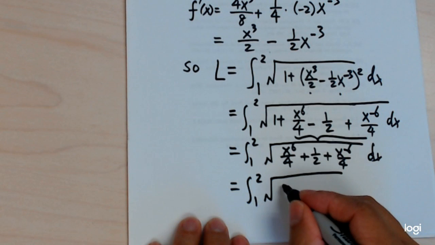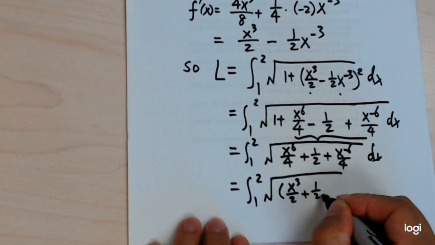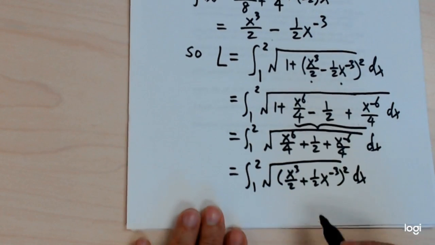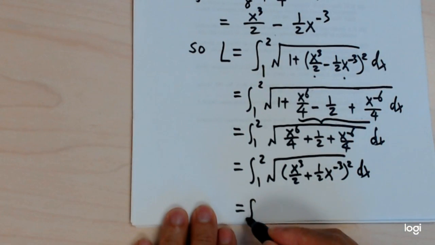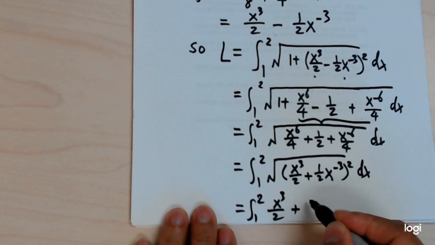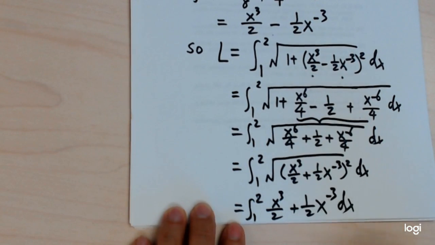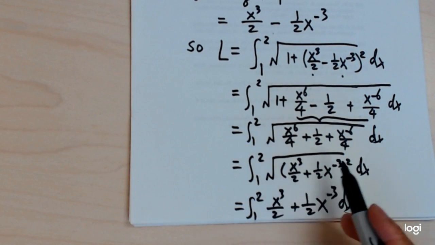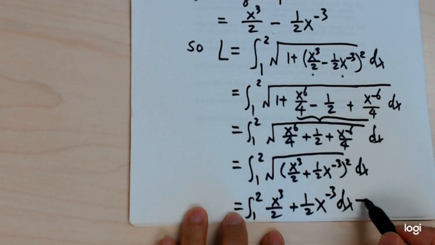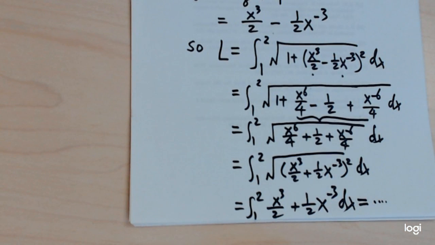All right, this one is the perfect square for this term, x cubed over 2. So now the square root is cancelled with this power function here, and you should have no problem integrating this out, okay? And I leave this to you guys.